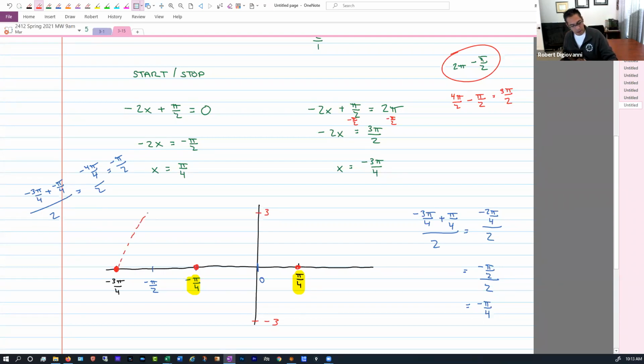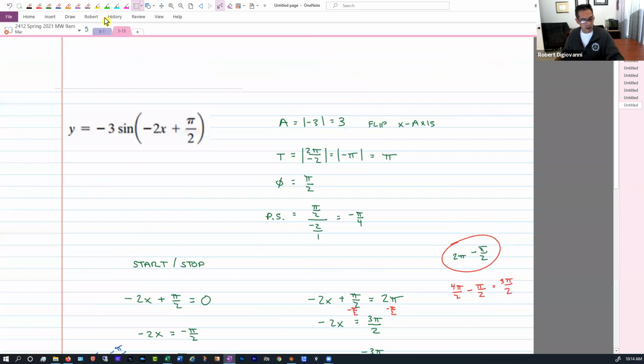But you might be thinking, okay, here's an original sine function, but I'm supposed to flip it over the x-axis. So you may be thinking that your final graph's going to look like that. That may be what you're thinking, and it may turn out that way. I'm just saying this is not the way we need to think about this, and it's because we have this negative right here.